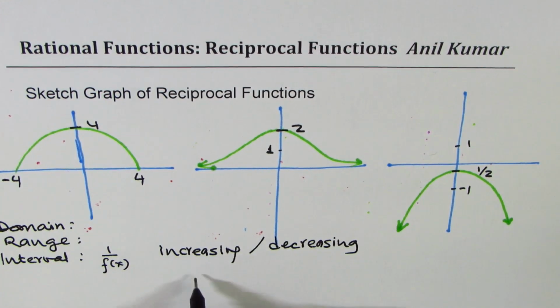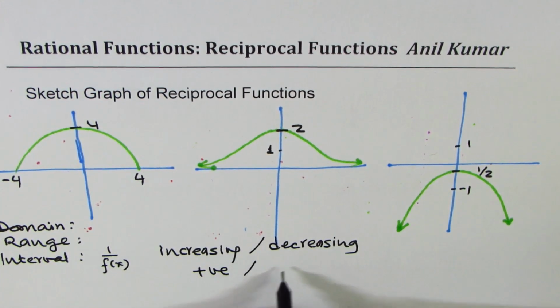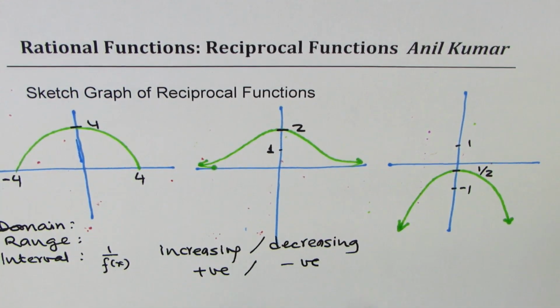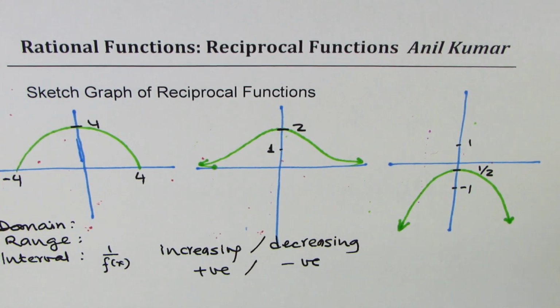Also the interval where it is positive and where it is negative. So these are additional features which you have to look into for rational functions and also reciprocal functions. So take your time to first sketch and then describe. This is part of your test.